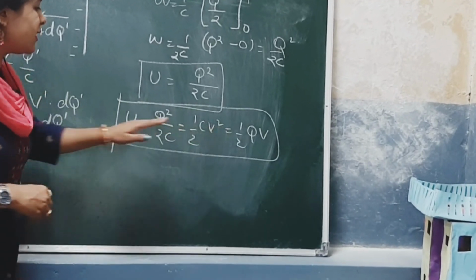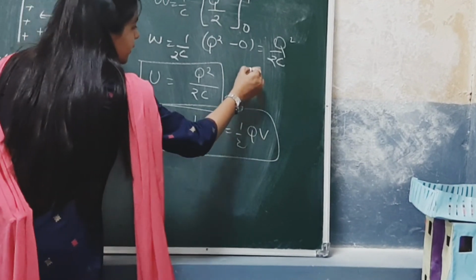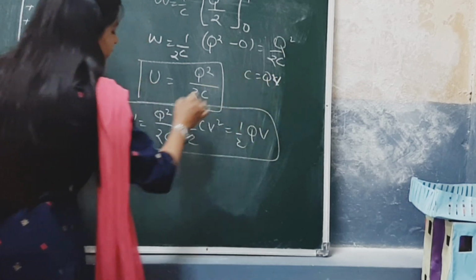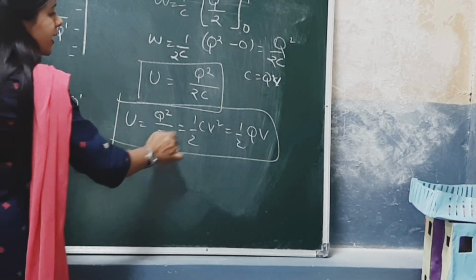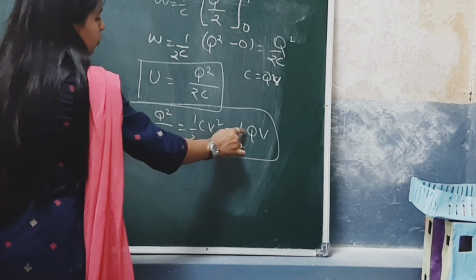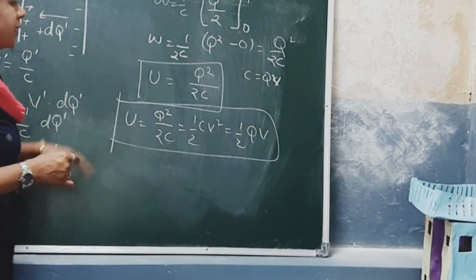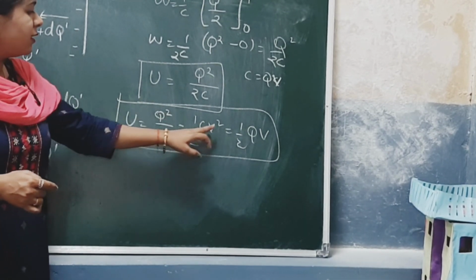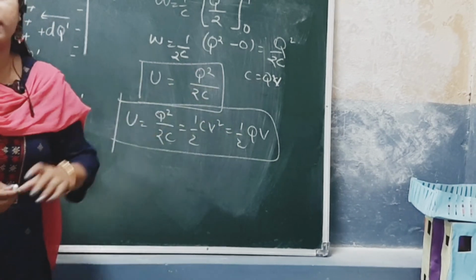These substitutions have been done using the formula C is equal to Q by V. When I substitute the value of C as Q by V here, we get the formula half QV. Similarly, rearranging the general formula, we can find the other two values also.